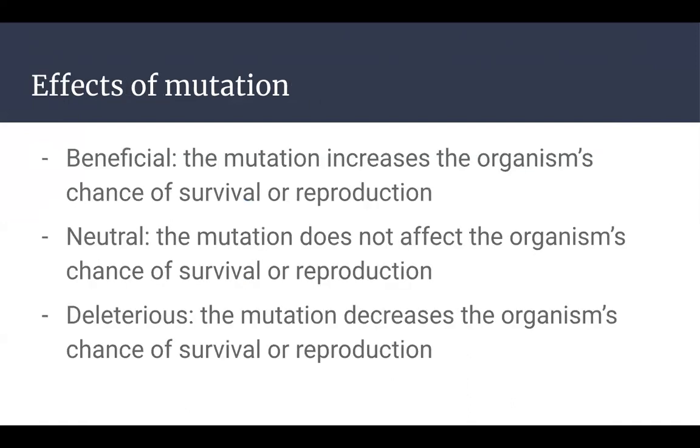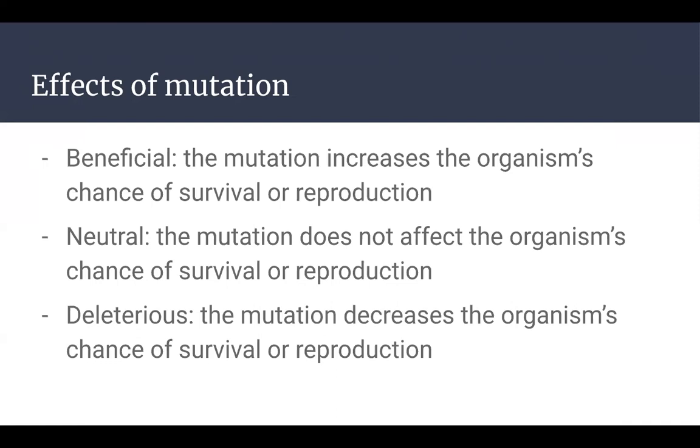If a mutation is beneficial, it increases the organism's chance of survival or reproduction. If it's neutral, it doesn't really affect the chance of the organism's survival or reproduction. If it is deleterious, meaning it's deleting something, then the mutation actually decreases the chance of survival and reproduction.